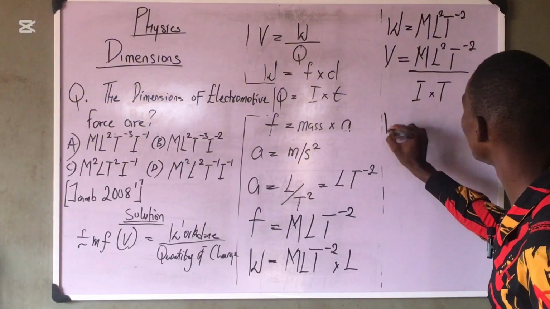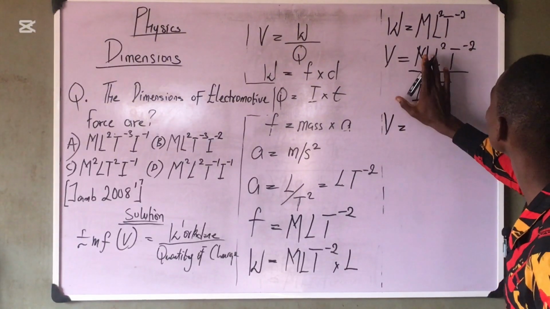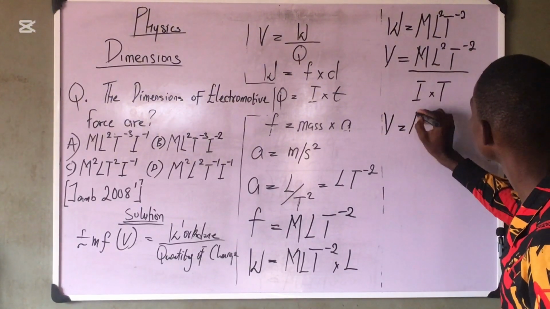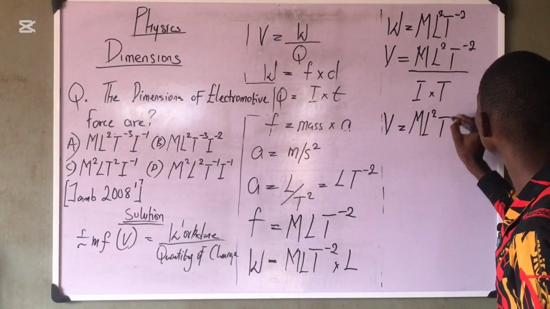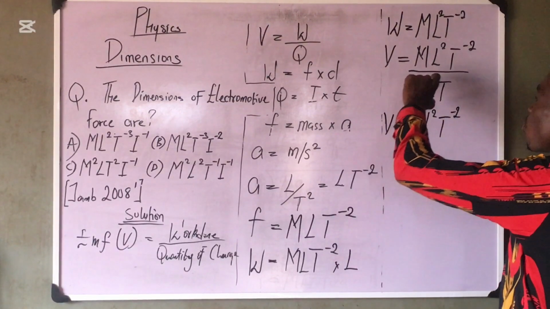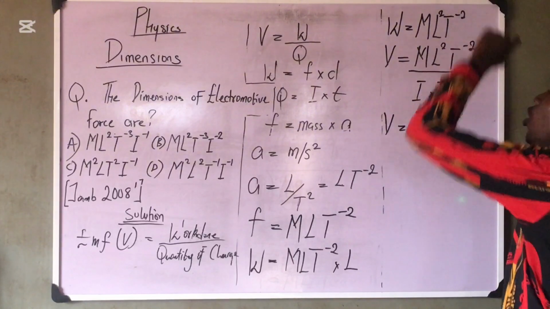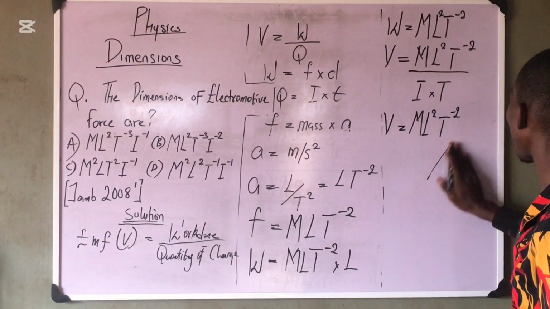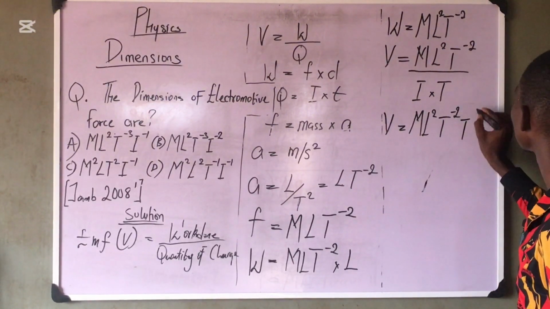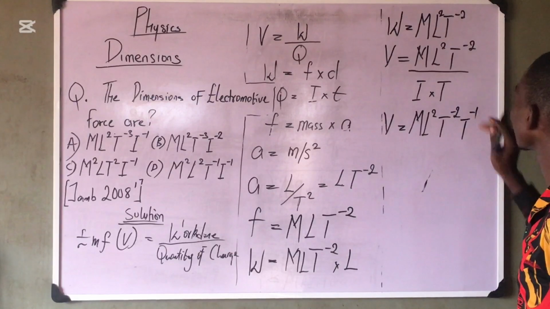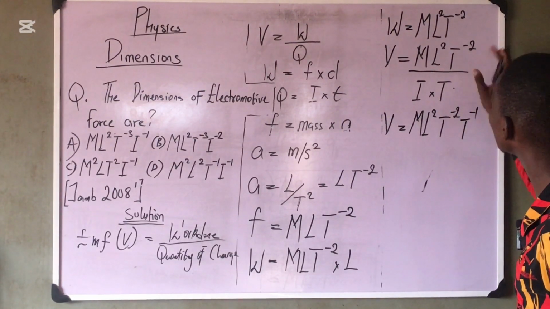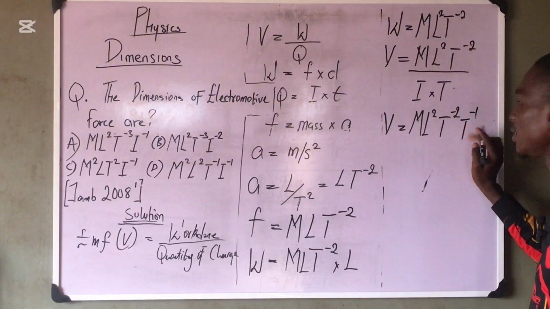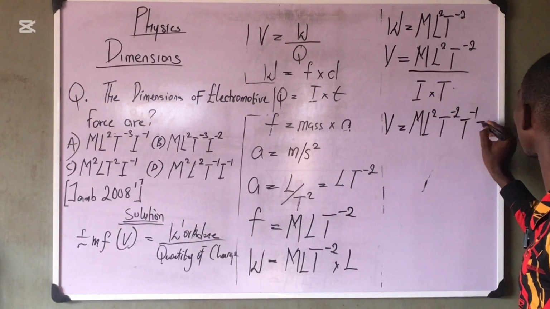Now, the EMF will now give you what? M L squared T raised to power minus 2. When time T comes up to the numerator, it will now be T minus 1, because it already has a power of 1. When it comes up, it will change to negative. The same thing is applicable to current.